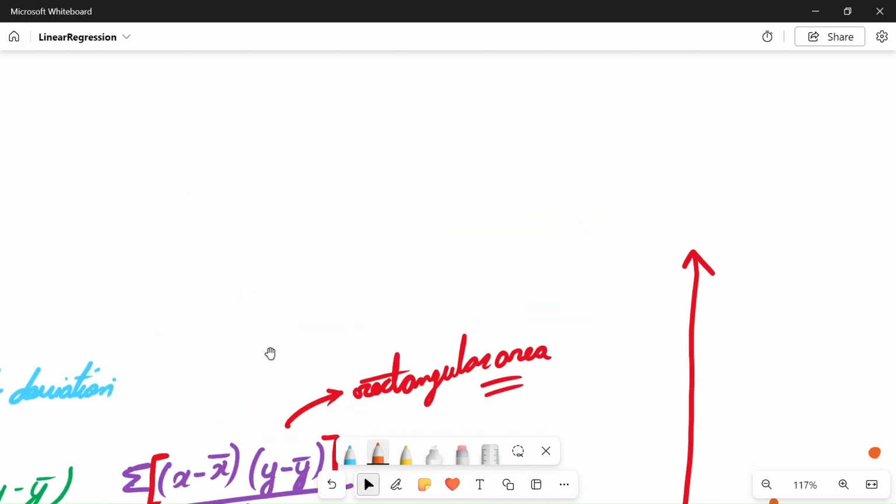So when I say transformation of axes, then what I mean is you are shifting your origin, or rotating it about its point. Okay.